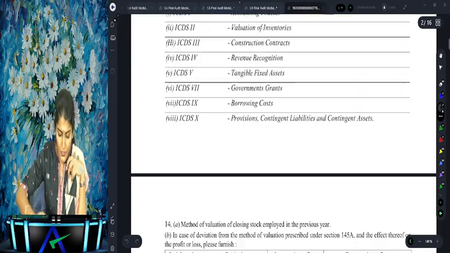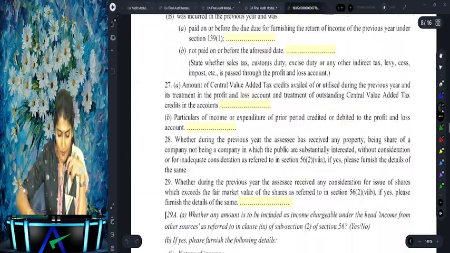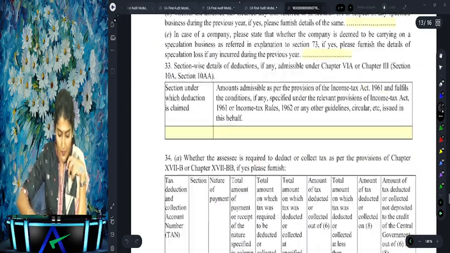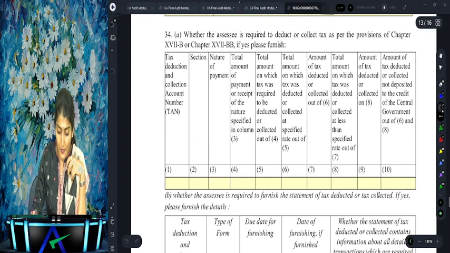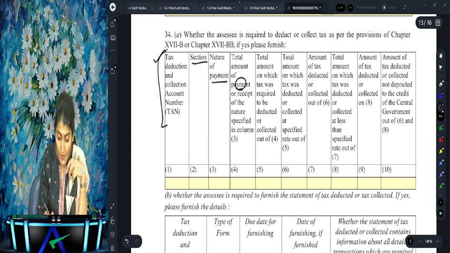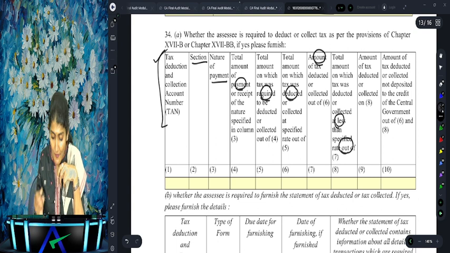But if I come to the original Form 3CD, I have the original Form 3CD over here. So whatever words have gone in the formatting over there, we have over here clause 32 and then 34. So what does 34 say? 34A: tax deduction and collection account number, section, nature of payment, total amount of the payment or receipt, then the amount on which it is required to be deducted, on which it has been deducted, then the amount of tax deducted at a rate less than the rate specified, and then the amount of tax which has been deducted or collected and not deposited to the credit of the central government out of 6 and 8.